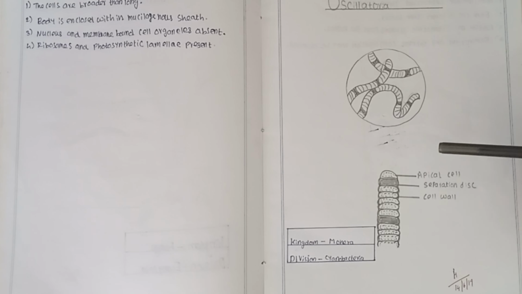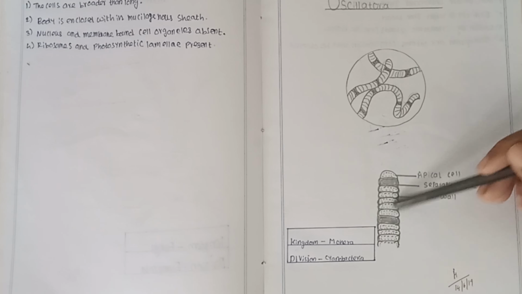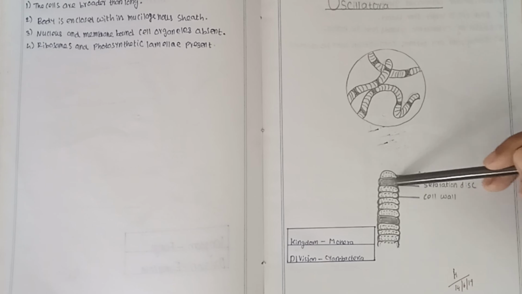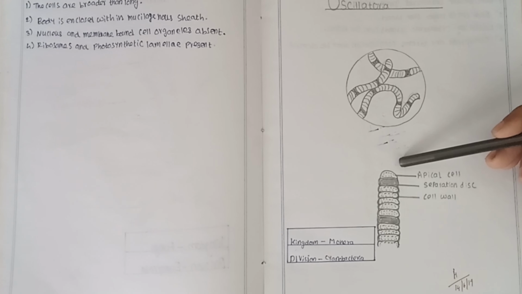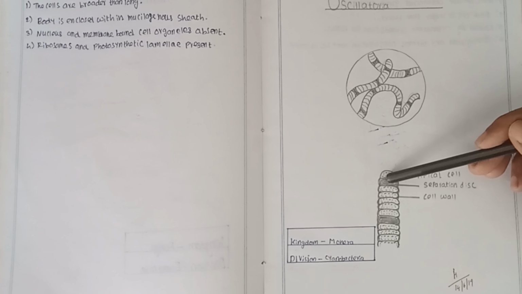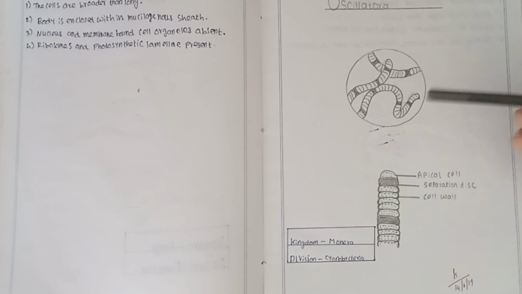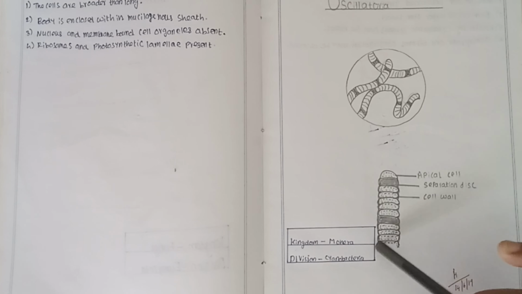What is the difference between bacteria and cyanobacteria? In bacteria, cells are usually small, but in cyanobacteria comparatively larger cells are seen. This is the colony with numerous cells. Bacteria may have flagella, but in cyanobacteria no flagella are seen.